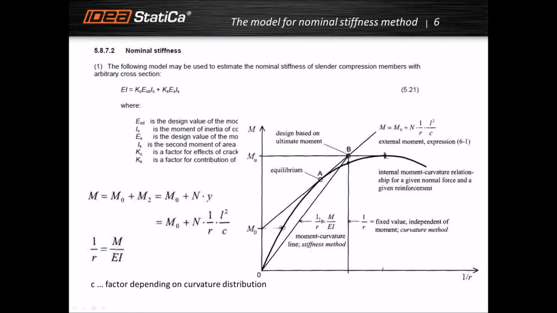diagram. If we put the stiffness on the left hand side of the equation, then moment over the curvature gives us the stiffness. Moment over the curvature is the tangent of this angle. That's probably why there is a change in Dutch code, because you can actually calculate the stiffness from the moment curvature diagram.